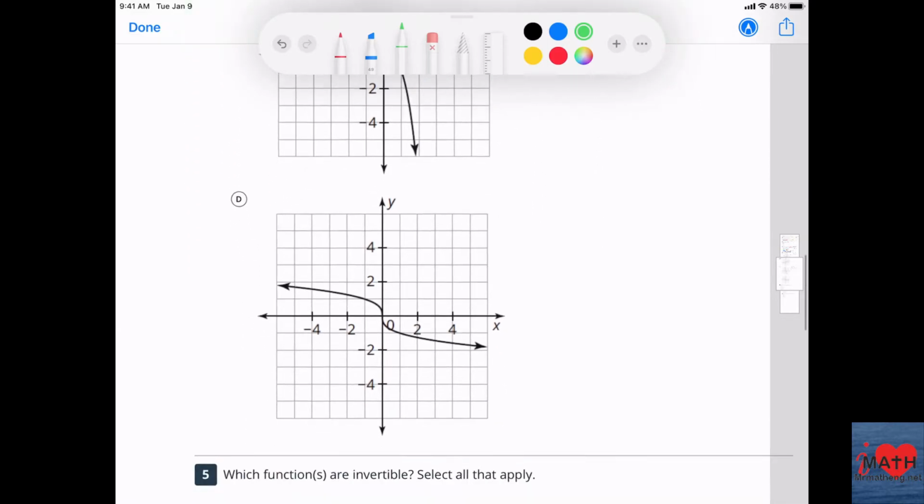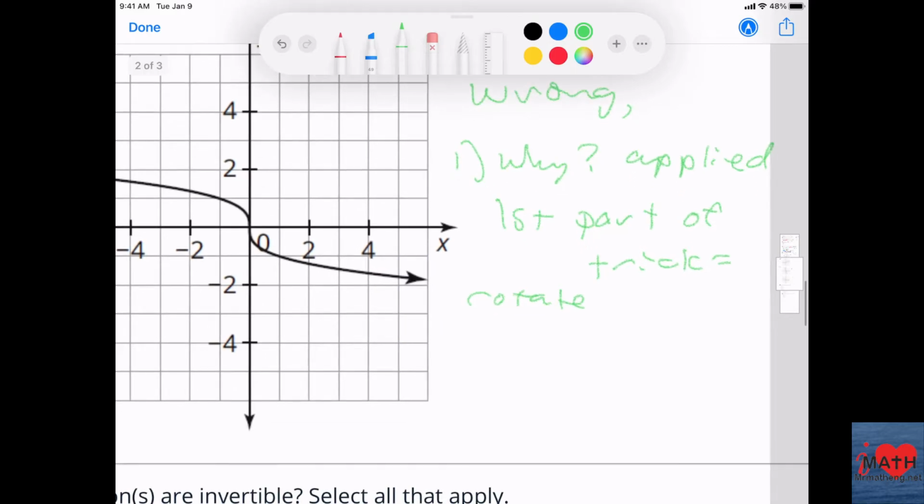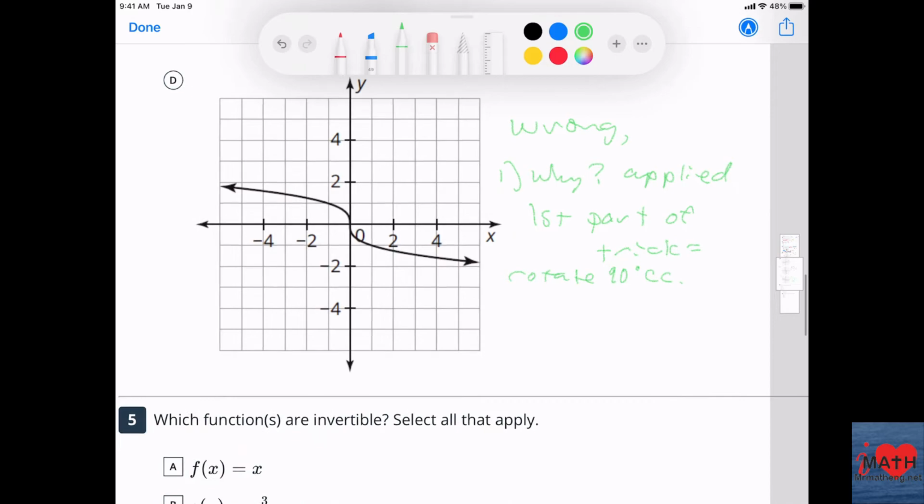And then over here for D, that looks right, but this is wrong. They only applied the first part of the trick, which is just rotating it 90 degrees counterclockwise. Okay.